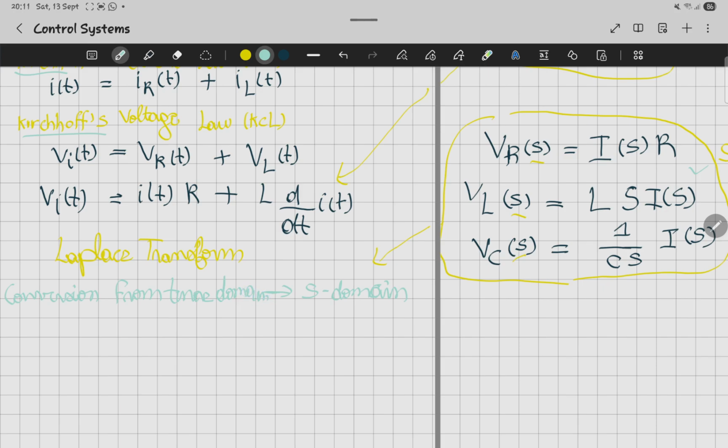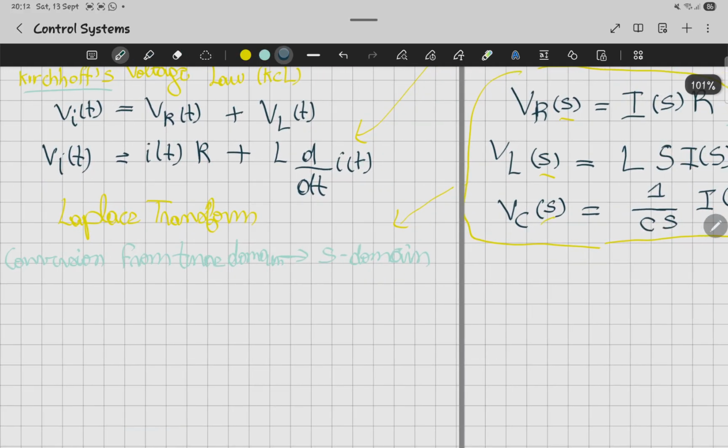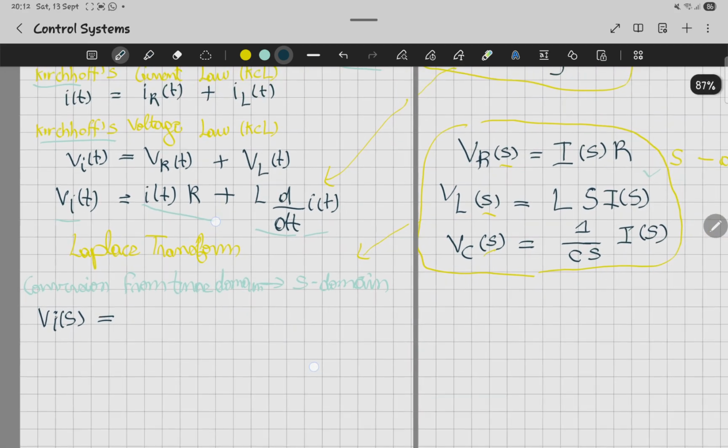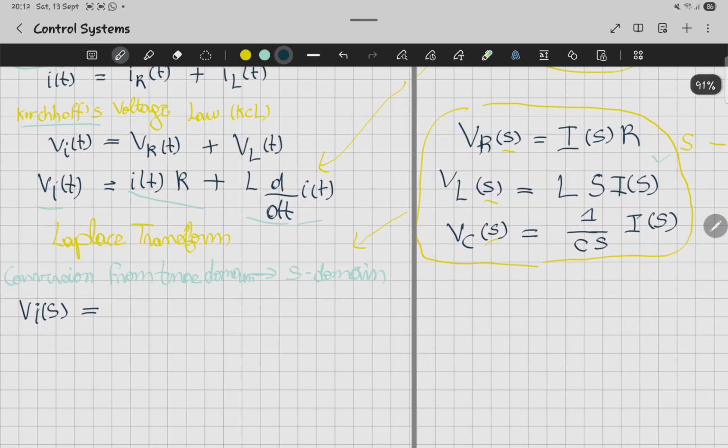So depending on where we're going, this is what we're going to apply here, and the formulas for Laplace are going to be something like that. So if you apply Laplace to this equation, and you apply Laplace to this other equation, you will get something like this. So it's going to be Vi of S, okay, it will be equal to, let me just write this equation correctly.